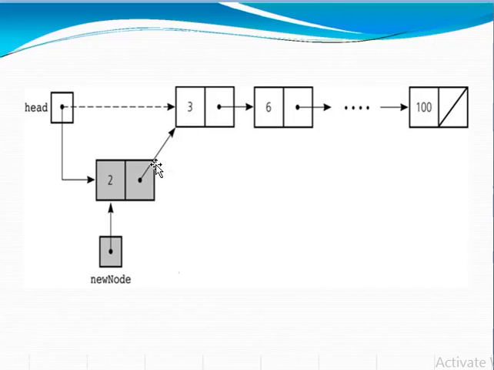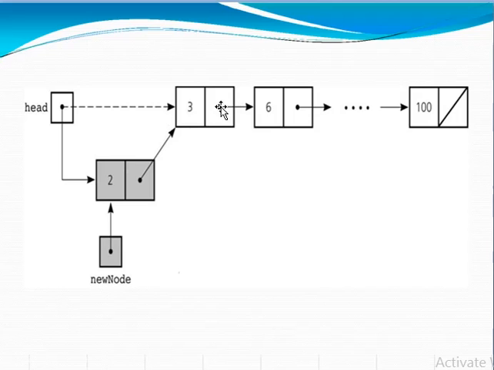Ultimately, we have to insert say 2 as a value, but that 2 must carry the address of the node which is present earlier. The earlier present element is 3, so 2 carries the address of 3. This whole node 2 along with the address of 3 is the new node that we are going to insert at the beginning of the linked list.